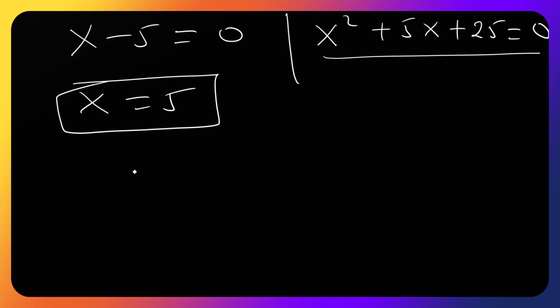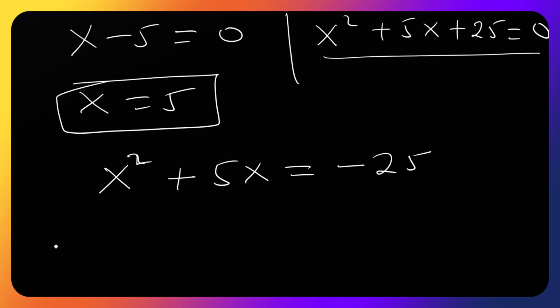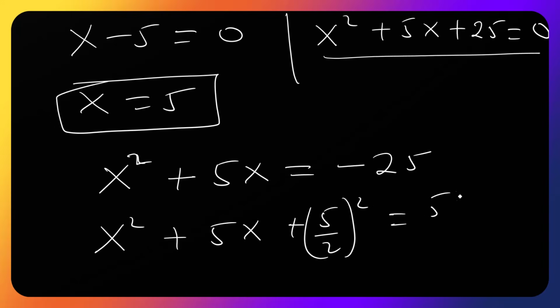So let's go by the completing the square method. That will be x squared plus 5x. Let's send the 25 to the other side, minus 25. Let's take half of the coefficient of x, so that will be 5 on 2. So x squared plus 5x plus 5 on 2 squared equals minus 25 plus 5 on 2 squared.